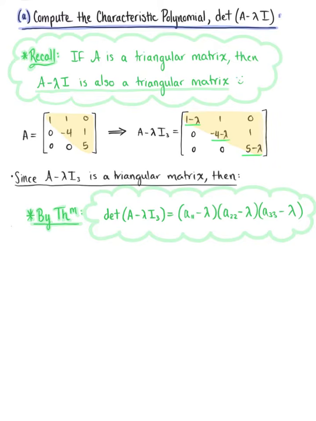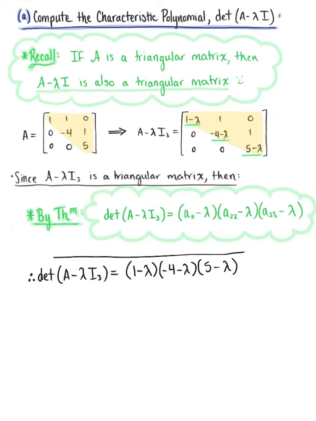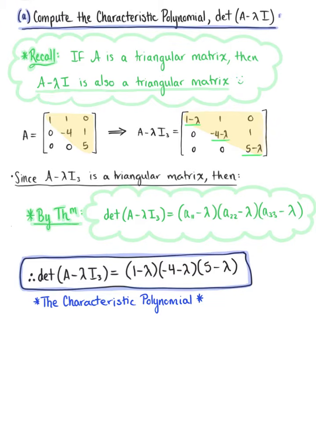So using this information, we are able to conclude that the characteristic polynomial, or the determinant of matrix A minus lambda times that 3 by 3 identity matrix, is equal to (1 minus lambda)(negative 4 minus lambda)(5 minus lambda). So this is the characteristic polynomial of matrix A.